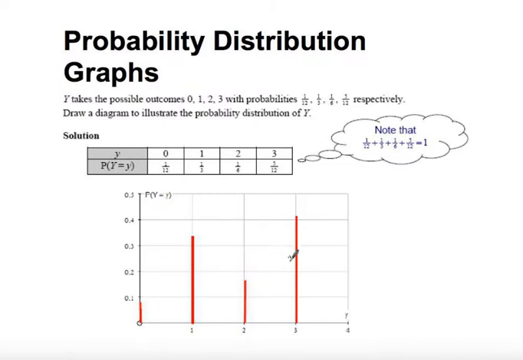So one thing that can be important, it doesn't come up too much in the WJEC S1, but it's important to understand that our distributions can be represented by graphs. So here we can say that y takes the possible outcomes 0, 1, 2, 3, and that they have probabilities 1/12, 1/3, 1/6, and 5/12 respectively.